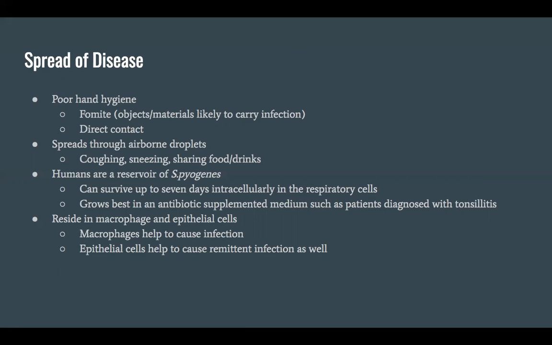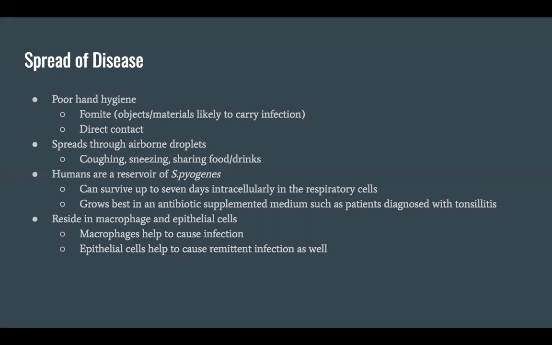Humans are a reservoir of this disease. They can survive up to 7 days intracellularly in the respiratory cells, as stated in the structure part. They grow best in antibiotic supplemented medium.